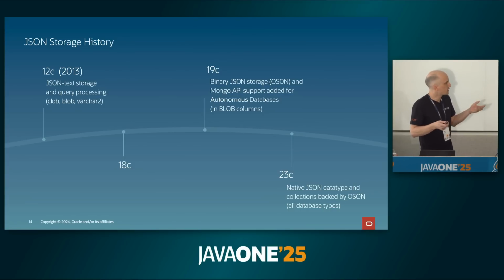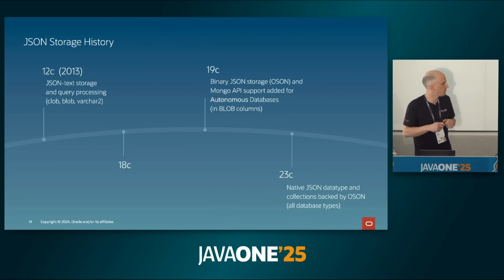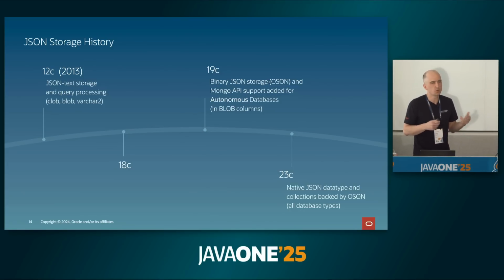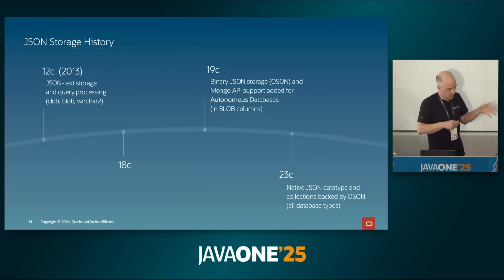But in versions 19 and 23 of the database, we've moved away from text storage, and now we're storing this JSON as a binary encoded format that we call OSON. And we're not the only ones doing this. Postgres, MySQL, even SQLite now have binary encodings for JSON. And basically all the top 10 databases on that slide I showed earlier have some form of a binary encoding for JSON.